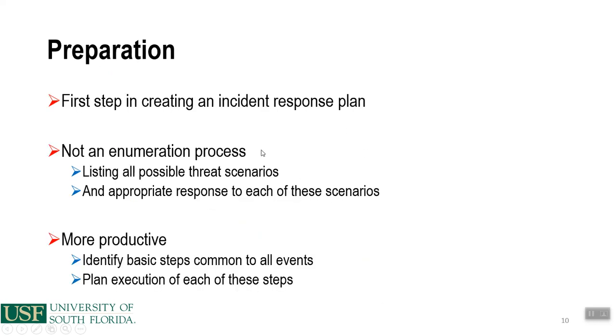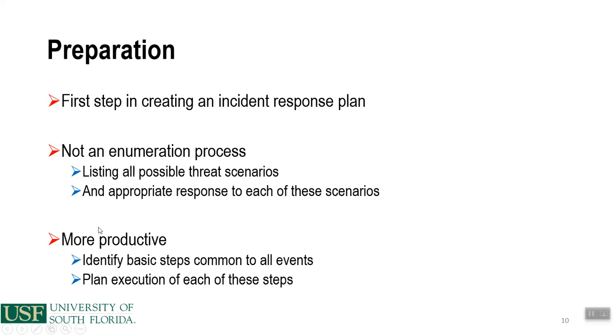So preparation is the first step for creating an incident response plan. It's not an enumeration process, listing all possible threat scenarios and the appropriate response to each of these scenarios. It's more productive to identify the basic steps common to all events. We're not enumerating all of the possible threat scenarios because that's very, very time consuming.